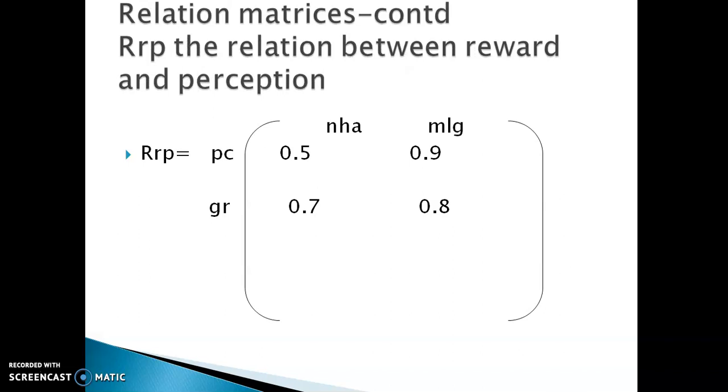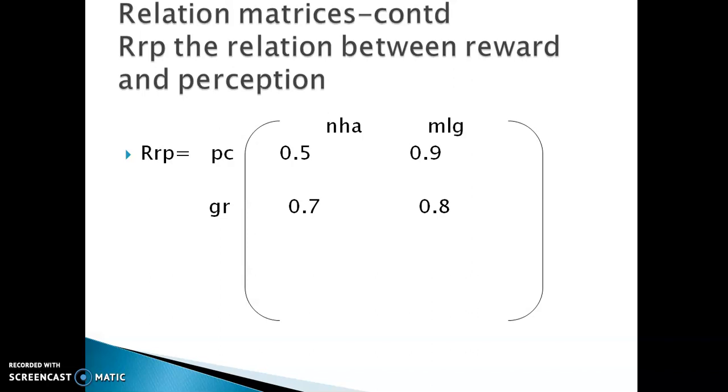So this shows a relation between reward and perception. The rewards are in the range 0 to 1, where 1 corresponds to the maximum number of public compliments and a membership value of 1 for a good raise might correspond to 3.5%. So 1 is the maximum and 0 is the minimum.